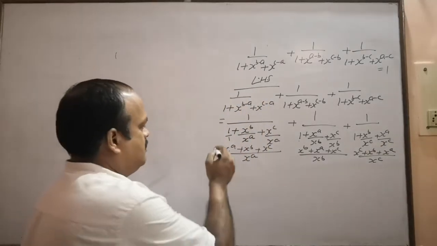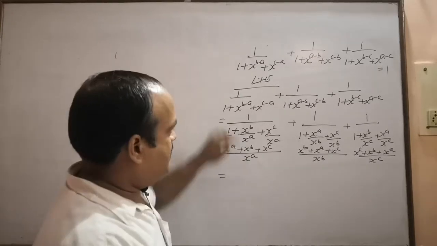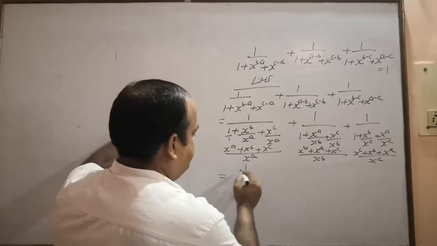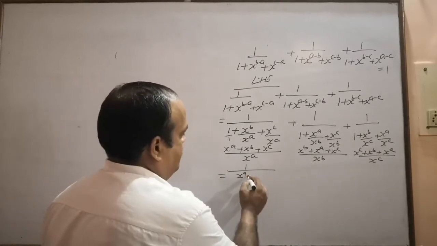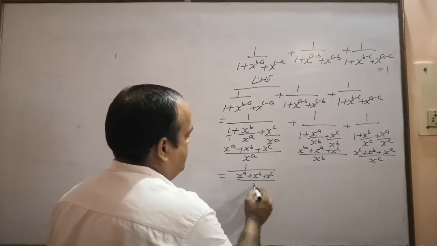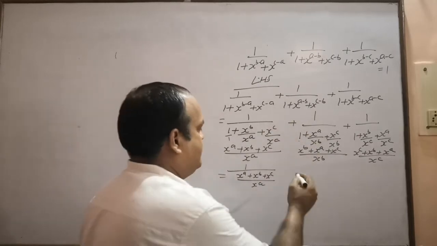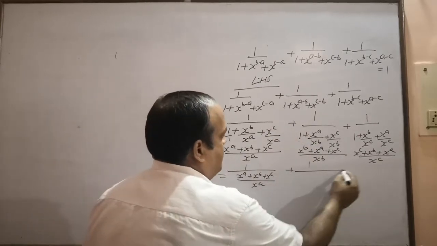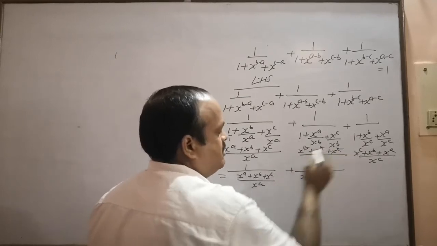So what have you got? You have got 1 upon this fraction, x to the power a plus x to the power b plus x to the power c upon x to the power a. Similarly, this second one can be changed to 1 upon x to the power b, x to the power a, x to the power c.